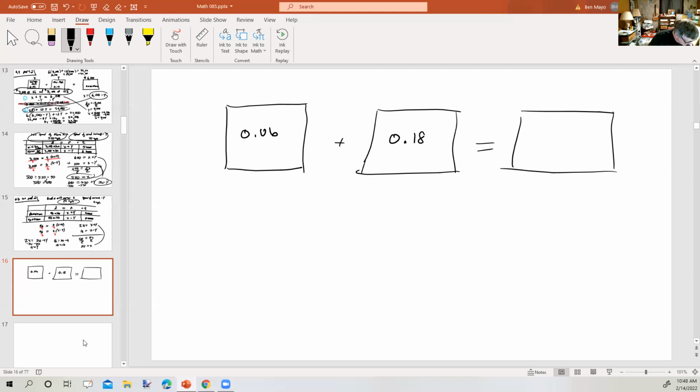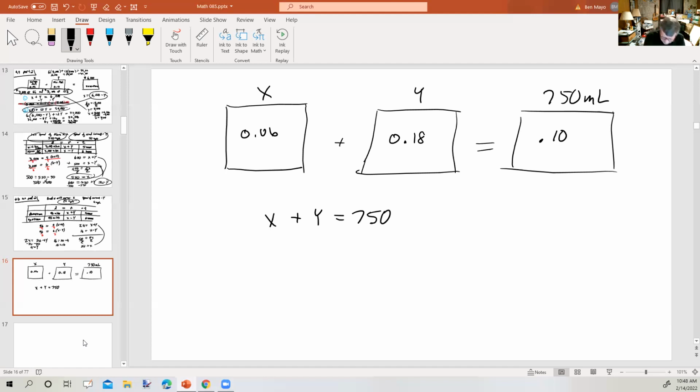How many milliliters of each should be mixed to make 750 milliliters? If we call the 6% solution x and the 18% solution y, we get x plus y equals 750 milliliters. That's our first equation. The mixture is how much x of the 6% plus how much y of the 18% to make 750 milliliters of the mouthwash that is 10%.